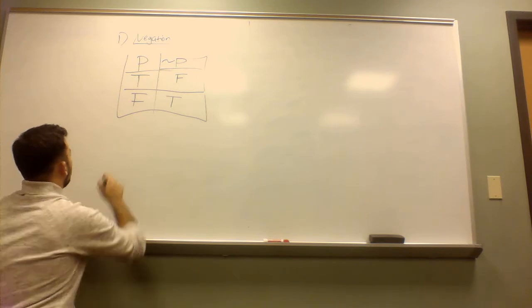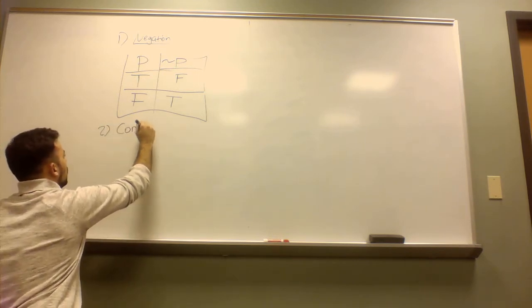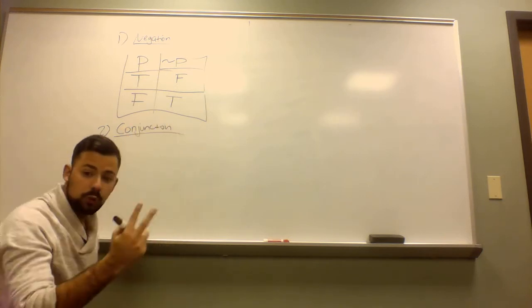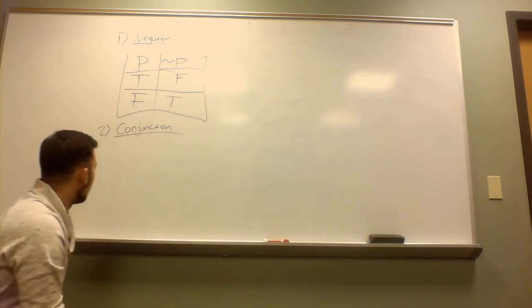Now in the conjunction, we need two propositional units, which means that we're going to have more rows, right?